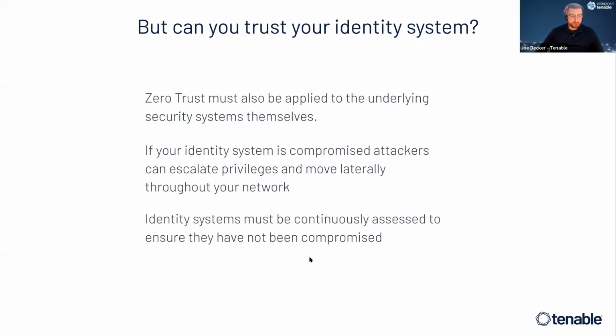Next slide, please. But can you trust that identity system, right? Can you trust how secure that is? And as new identity management solutions are brought in, we need to really apply those Zero Trust principles to them at the core. Because again, if this goes down, everything else goes down with it.